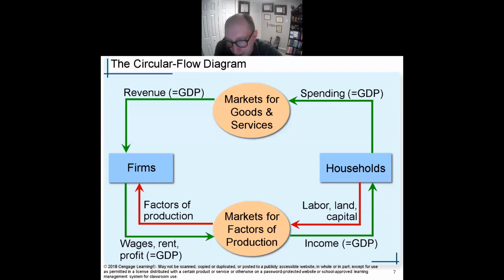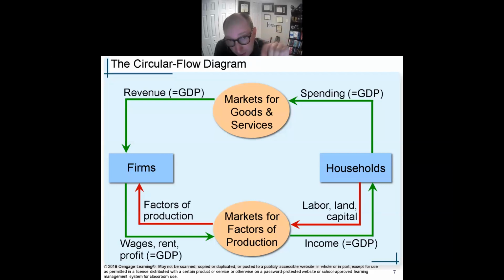The people who live in the households need to survive. So they need to buy things like furniture. They've got to pay for their utility bills. They need clothing. They need food, right? Basic survival stuff, transportation, etc. The households spend money. That spending is a part of the gross domestic product.